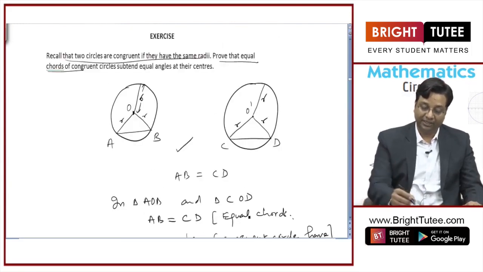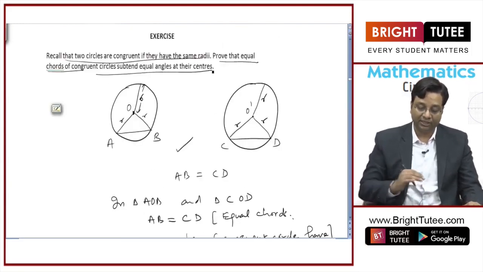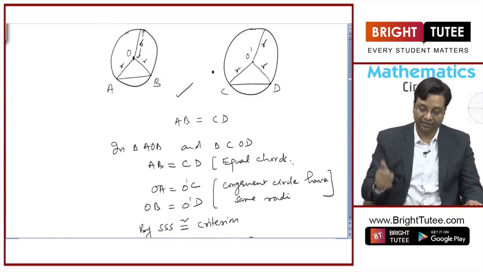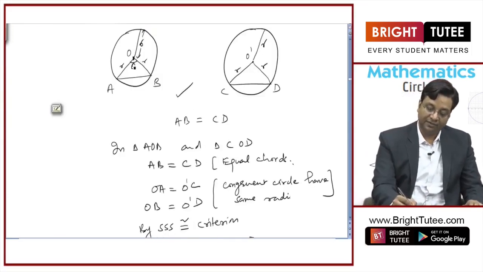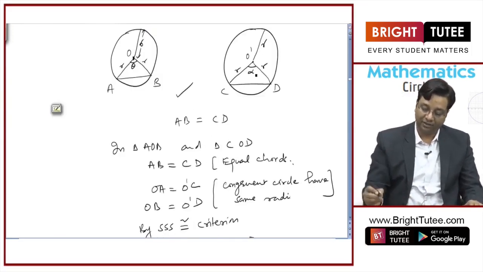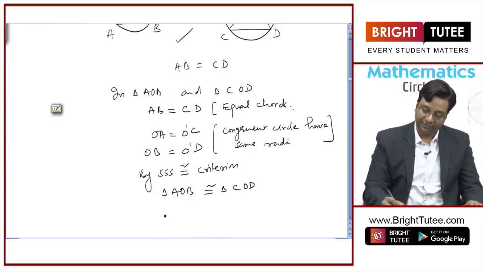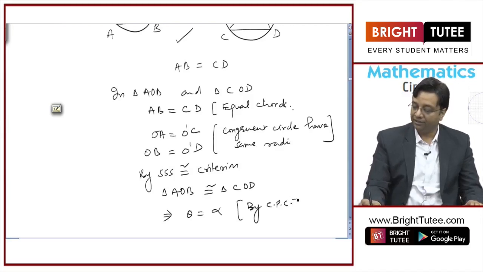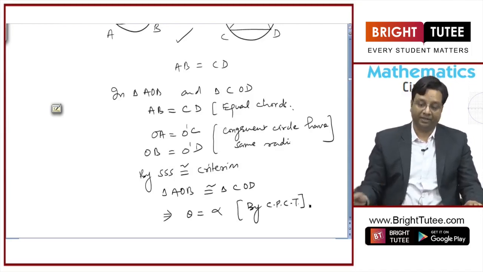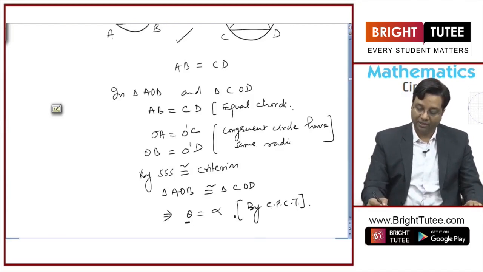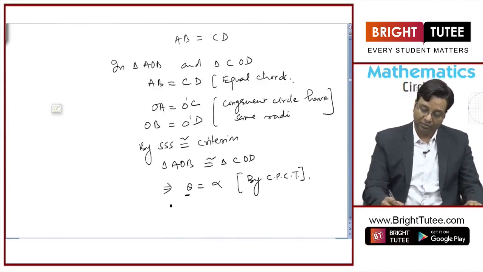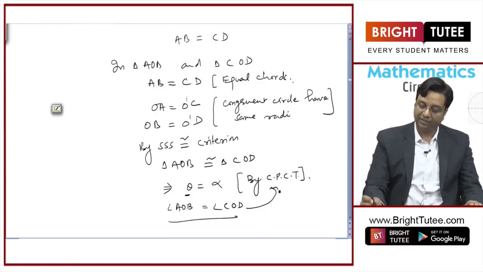And now by CPCT, I can talk about these angles at the center. Let us say this is theta and this is alpha. So I can say theta is equal to alpha by CPCT. If you don't want to write theta or alpha, you can say angle AOB is equal to angle COD by the same reason, CPCT.